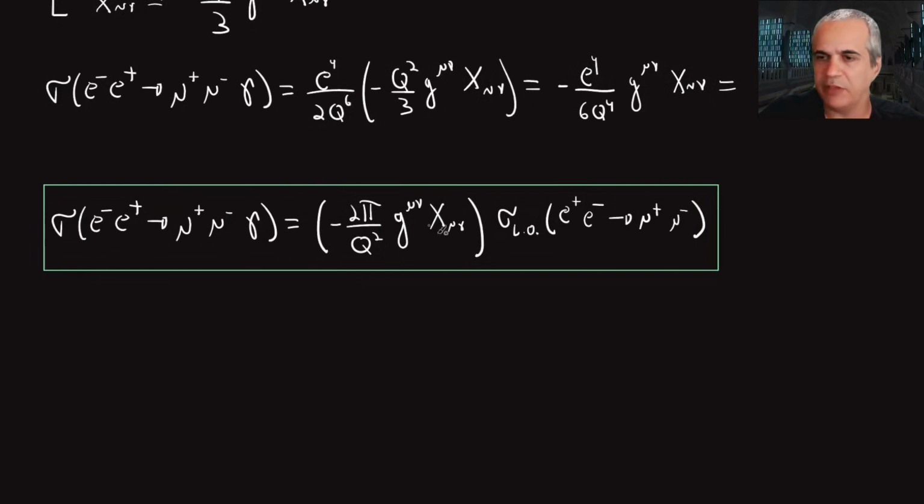Leaving the phase space inside of this X mu nu here allows us to actually write this in terms of a three-body decay, right?